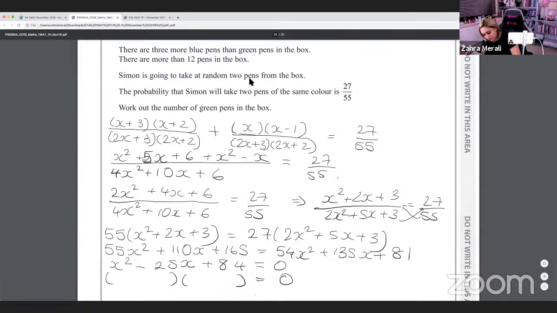Factors of 84, 21 and 4, x minus, x minus. So x can be 4 or x can be 21, but because we're told that it's more than 12, we cross that out, and the number of green pens is 21.